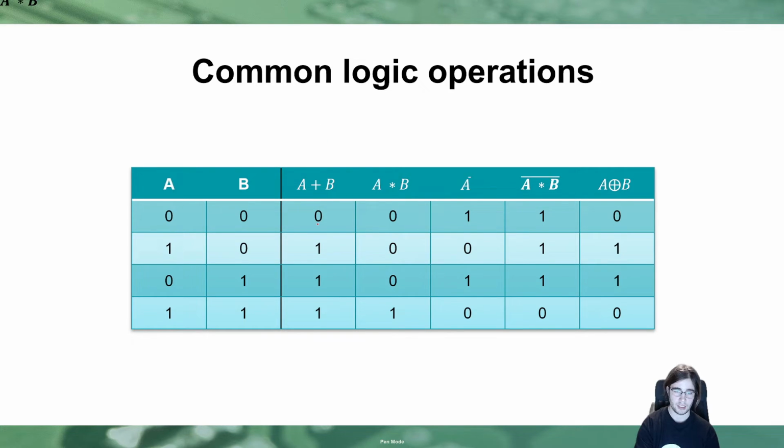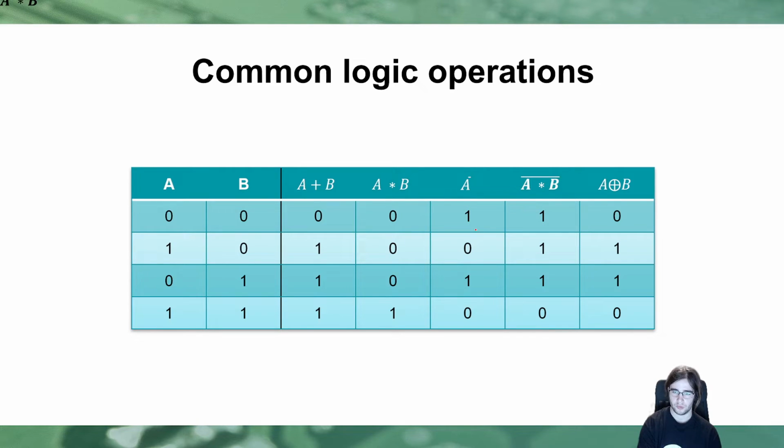So A or B in this sense: if A and B are both false, A or B is also false. As soon as one of A and B is true, A or B is true, and A and B is always false, except when both A and B are true.